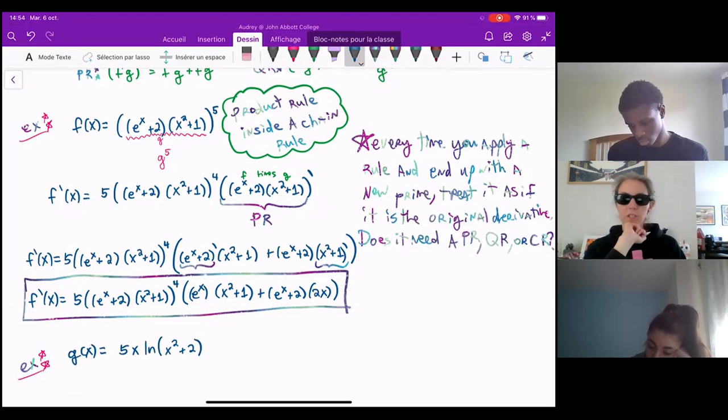Are there any questions about this product rule that we just did inside a chain rule?